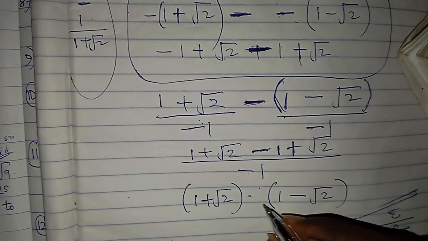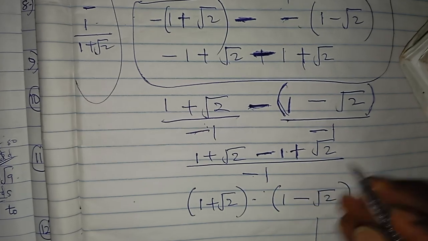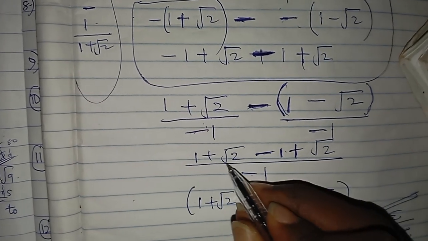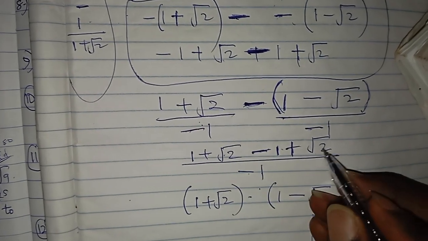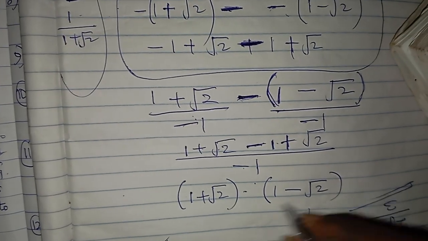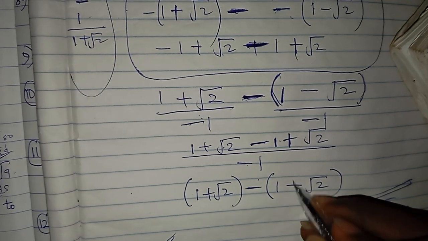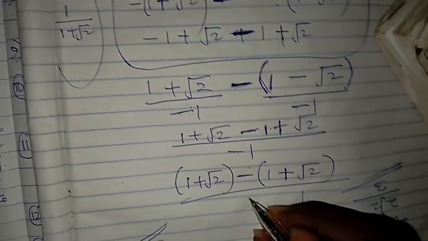So let's do the numerator part first. So you see that I will simply have 1 minus 1, 0. Then I have plus root 2, root 2. Plus root 2, root 2. I'm supposed to have minus plus all over minus 1.